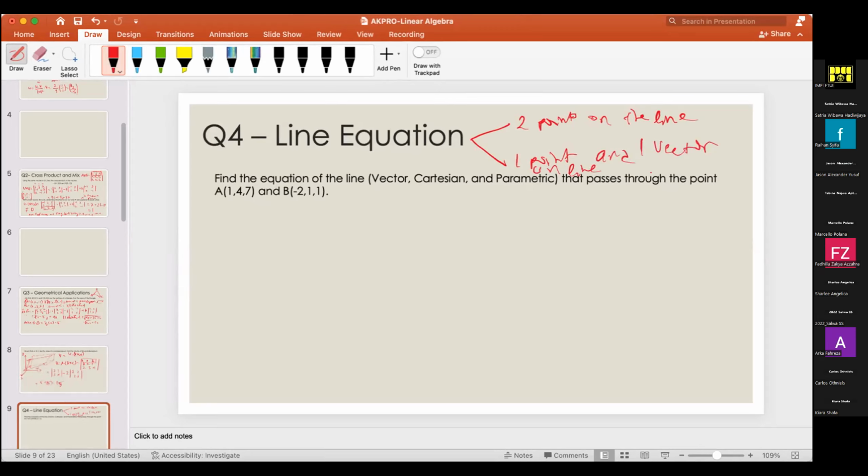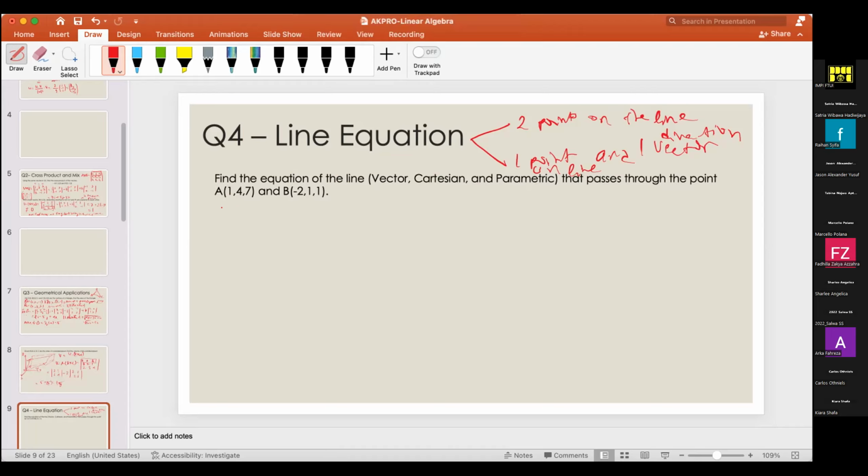And not just any vector, a direction vector. Here we're given 2 points that are on the line. So we have scenario 1.